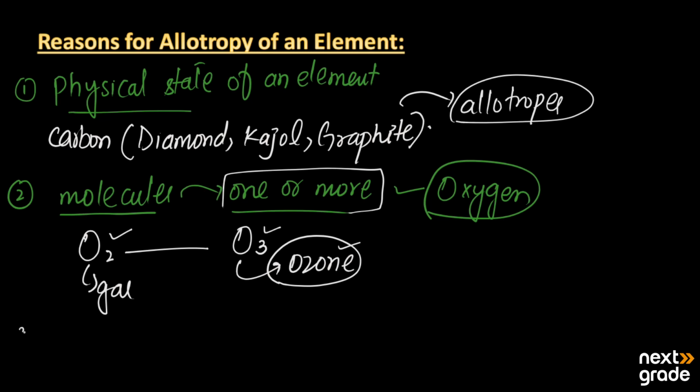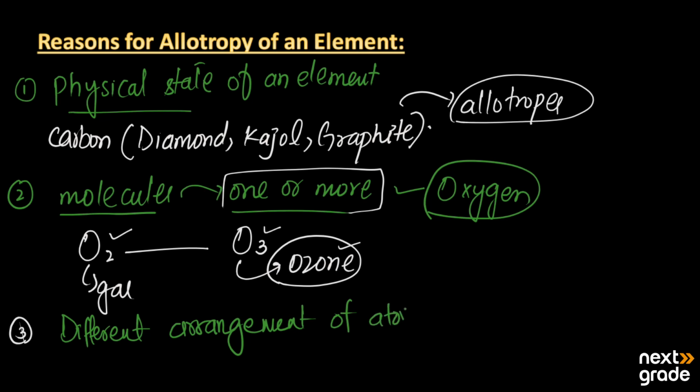Next we have the third reason why allotropic forms exist. This is due to the different arrangement of atoms or molecules. When the molecules or atoms are arranged differently, then there may be allotropic forms of that element.